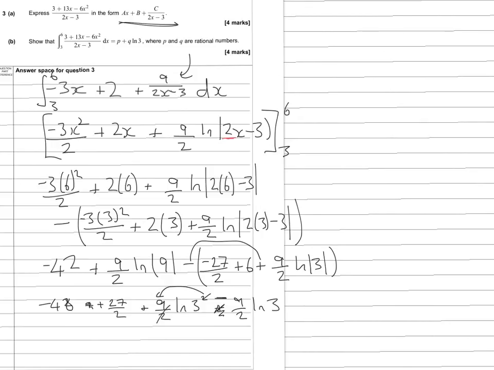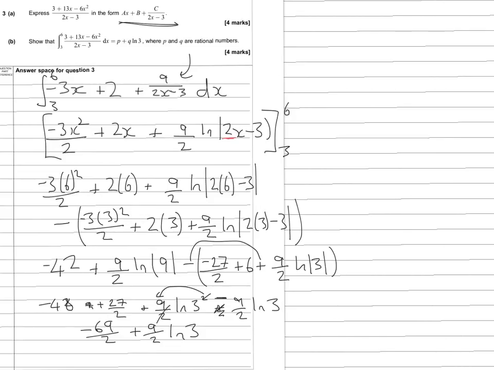Negative 48 plus 27 over 2, I need to calculate, negative 96 plus 27 is negative 69, so that is negative 69 over 2 plus 9 over 2 ln 3.